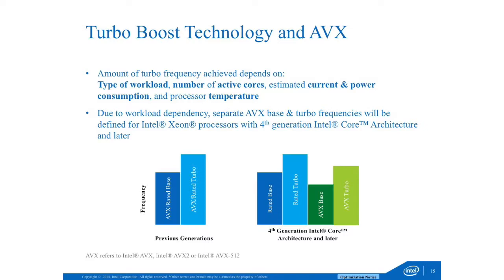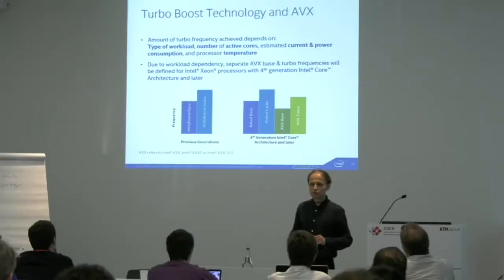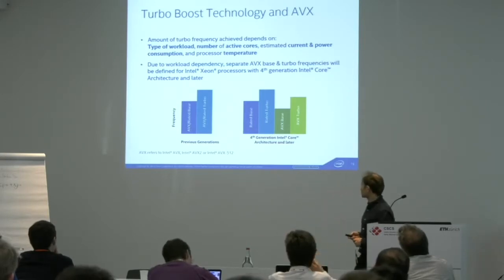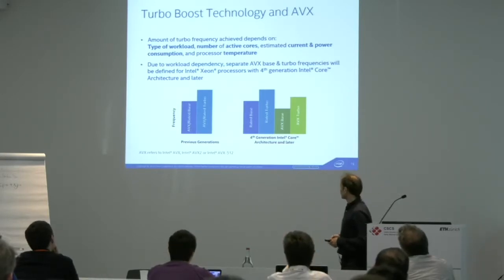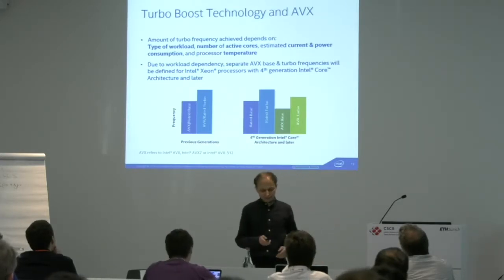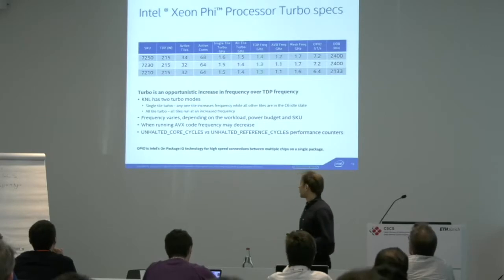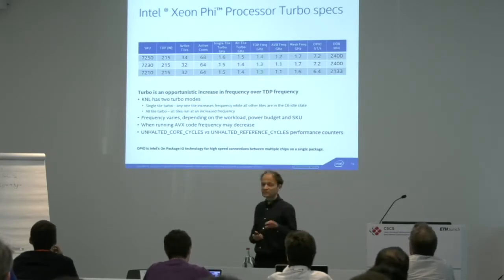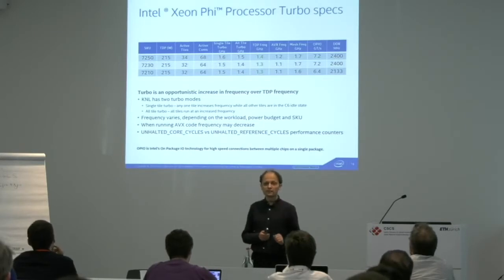You can see this in the number of marketing buckets introduced for the mainline. You have a rated base frequency, you have the turbo, you have the AVX base, and of course the same turbo bin on top of it. You can see how that applies in terms of actual numbers. We've seen this table early on in Michael Klemm's presentation, I think.